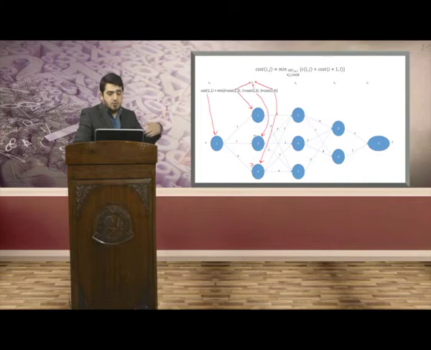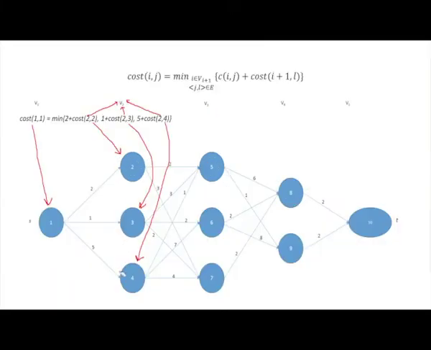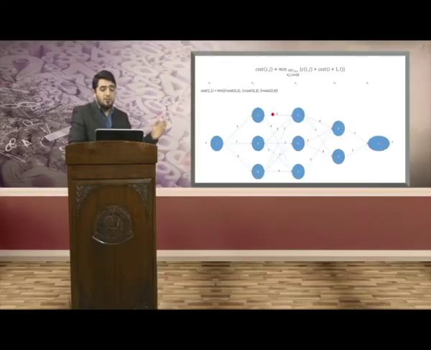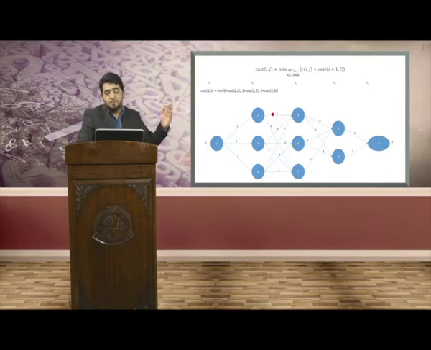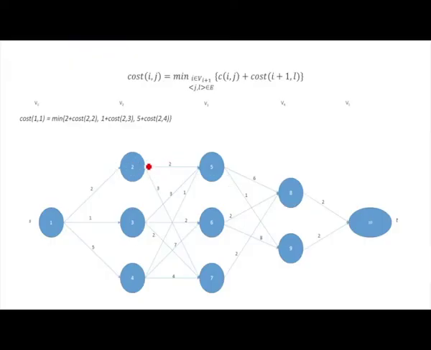So similarly, the cost of selecting node number 2 in stage number 2 would simply be the minimum of 2 plus the cost of going from node number 5 to the last stage. Why is that? Because the cost of edge 2 to 5 is 2, plus the cost of selecting 5 in the next stage to go to the last stage.